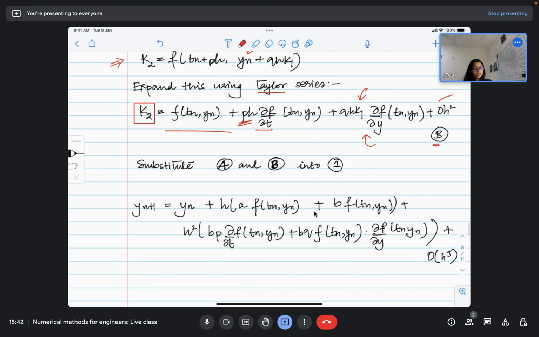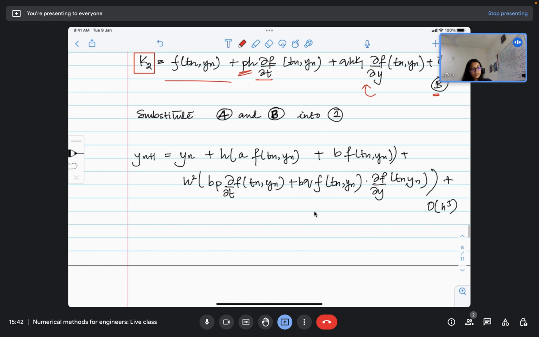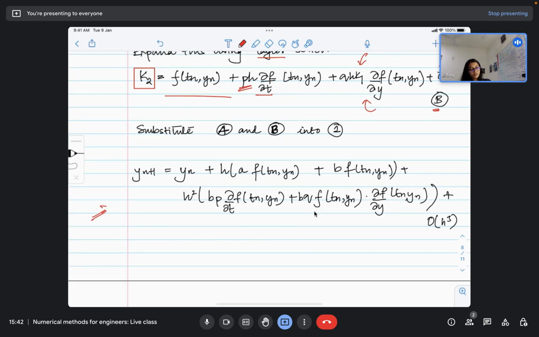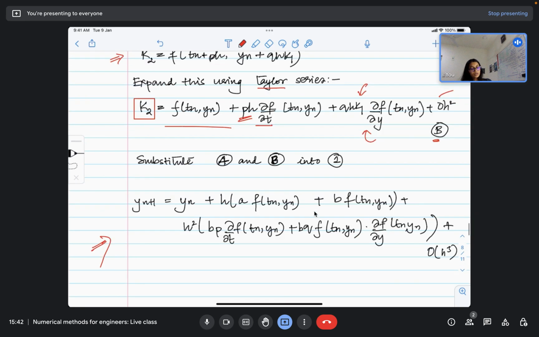Okay. So once we replace the values, we are going to get an expression of this sort, where you will realize that the term h can be brought out common outside, and we can write this expression in terms of a and b.